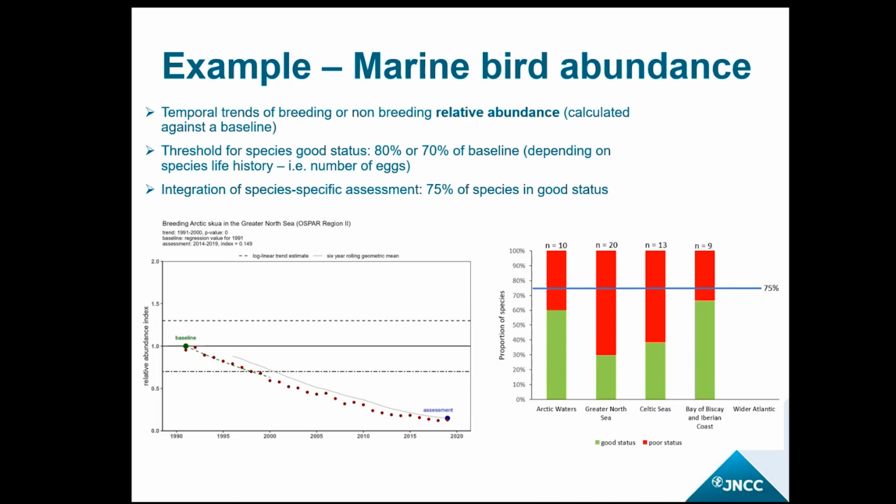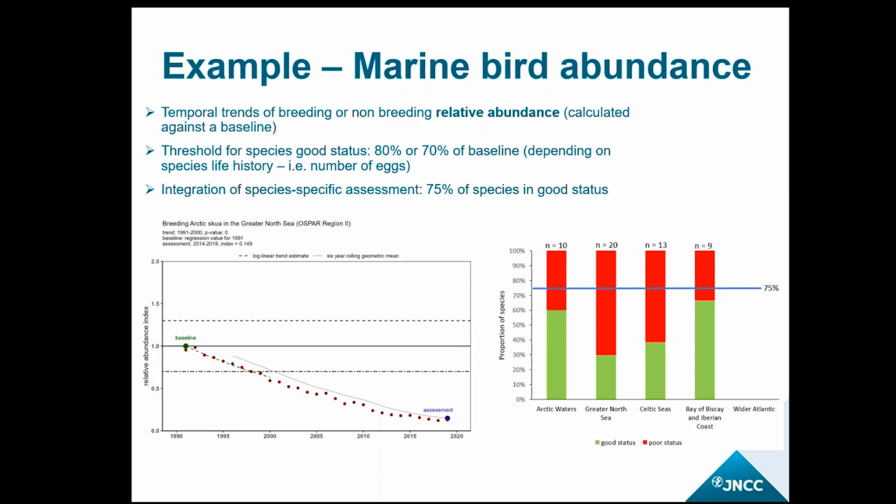The graph there shows relative abundance and how that's changed across time with repeat assessments. You have the baseline as the first point there, and then see how that has changed over time. In this case, the relative abundance index has decreased across time.